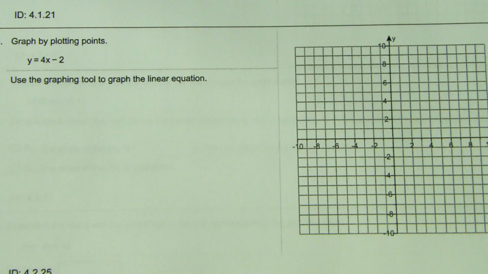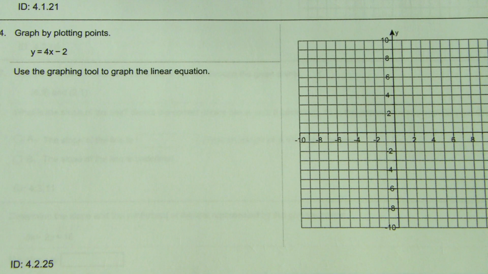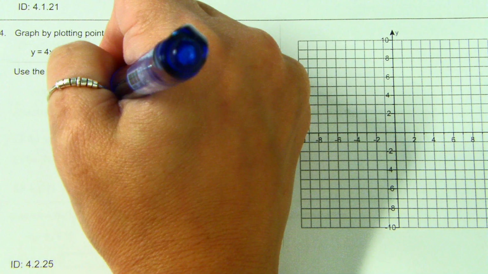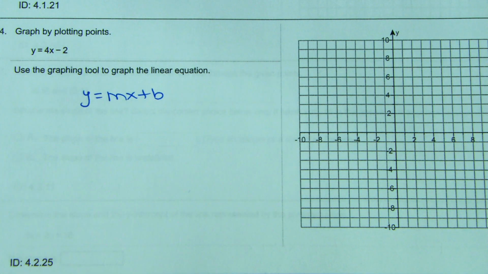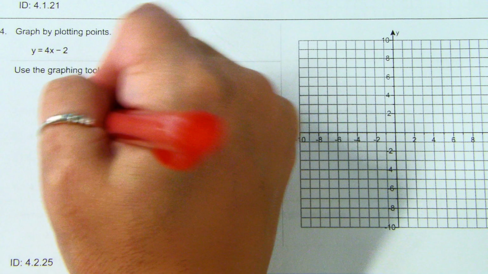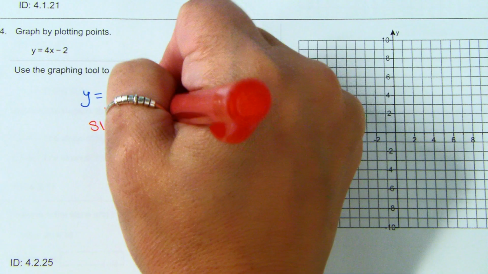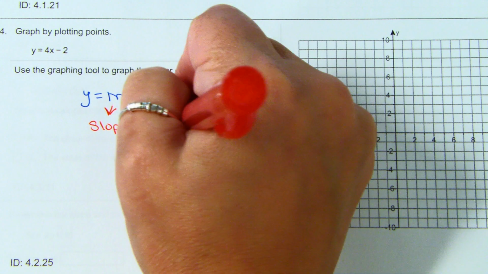All right, graph by plotting points. This was from 4.2, and we learned later how to do this a little bit more efficiently. So you can still use the table and just pick random x points if you want, but honestly, I'm going to remember that this is written in y equals mx plus b. This is the equation of a line. This is our slope-intercept, where the m is our slope, and the b is our y-intercept.